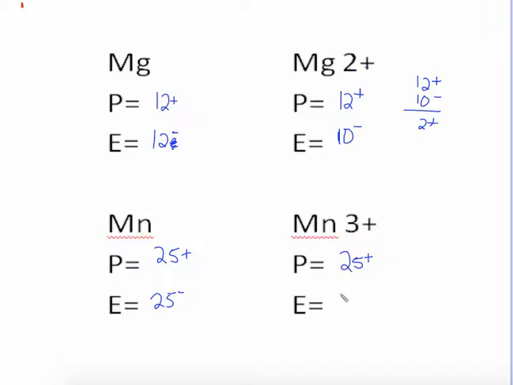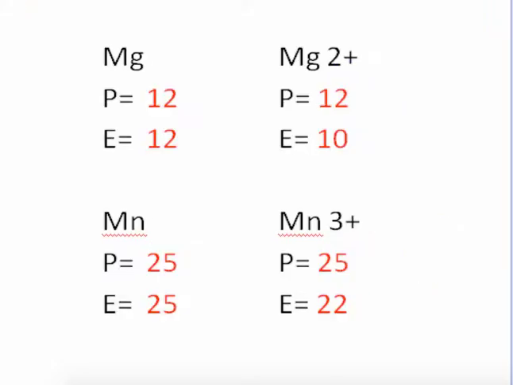That must mean it has only 22 negative charges, because 25 positives and 22 negatives gives a net of 3 positive charges. So manganese must have lost 3 electrons, because it did have 25, now it has 22.